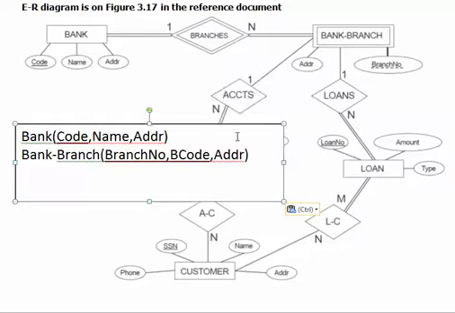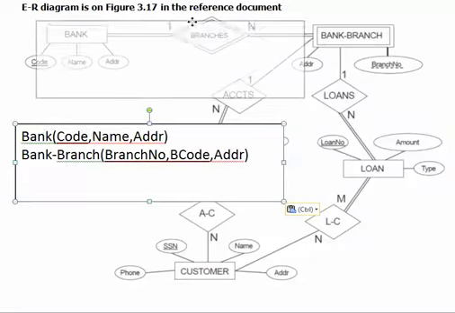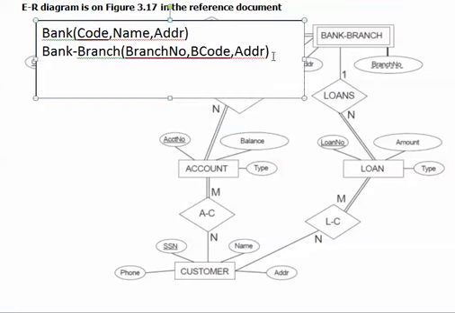So then let's go here and say that we get account. Account is participating in two relationships, and we're getting the key from here, but we're not getting the key from here because this is one to many.